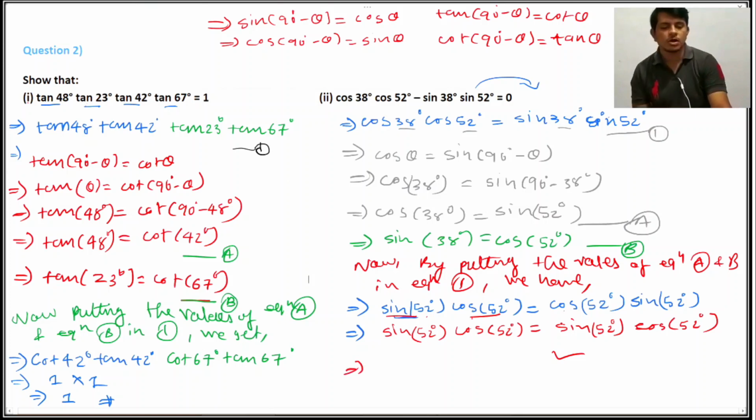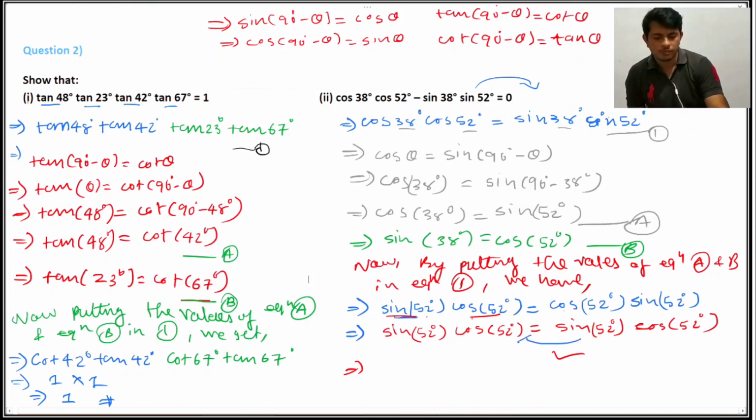We can also prove it another way. If we subtract the values sin 52 degree and cos 52 degree from both sides, we are left with 0. Similarly, we can do it another way: flip the right hand side values to the left hand side.